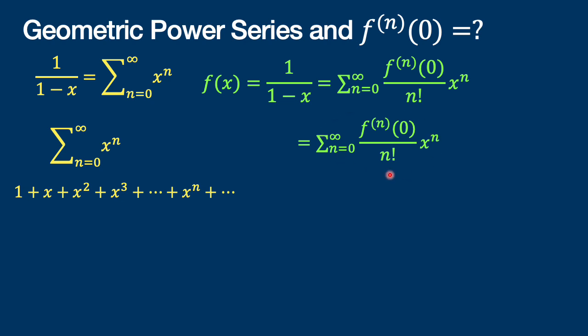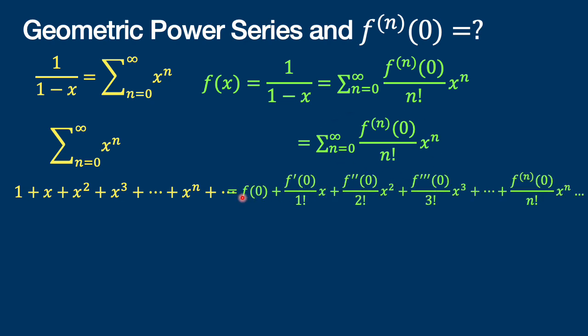On the right side, expanding the sigma notation gives f(0), plus f prime of 0 over 1 factorial times x, plus the second derivative at 0 over 2 factorial times x squared, and so on. The left side and right side should be the same, which means 1 should equal f(0). That's the constant term, so f(0) is going to be 1.